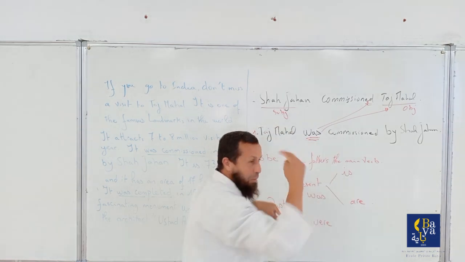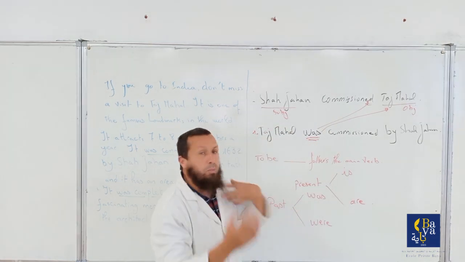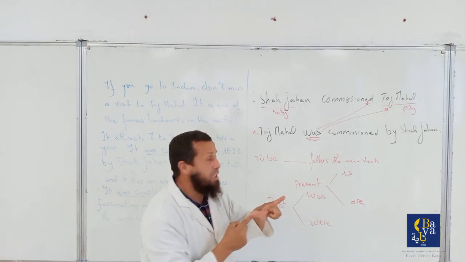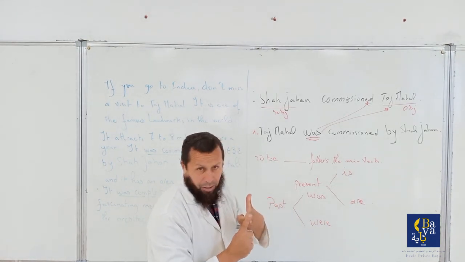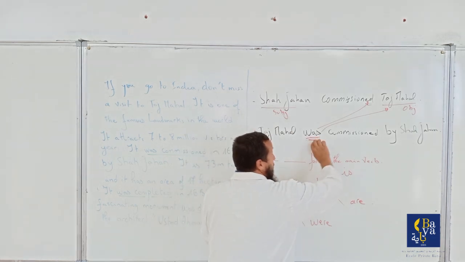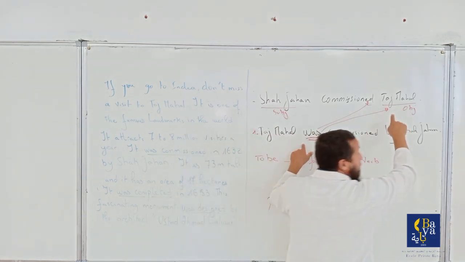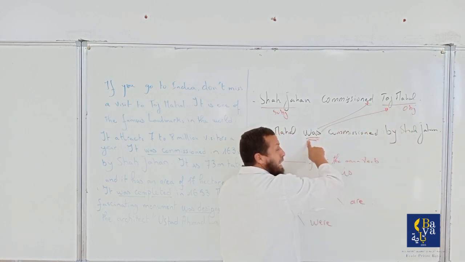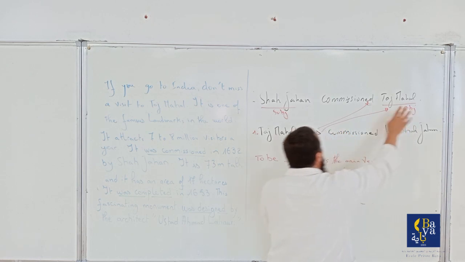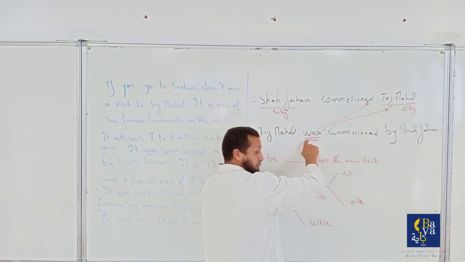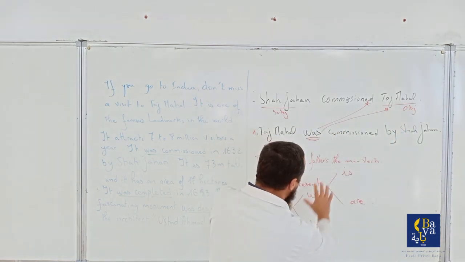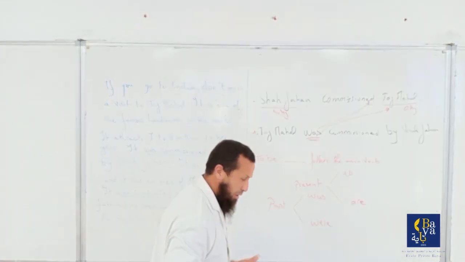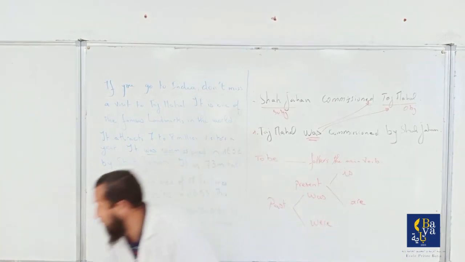To know that the verb to be should be singular, was or is, or plural, were or are, it follows the object, Taj Mahal. If we are talking about buildings, it becomes were. If we are saying landmarks, it becomes were. Okay, so this is the first thing about the passive voice.